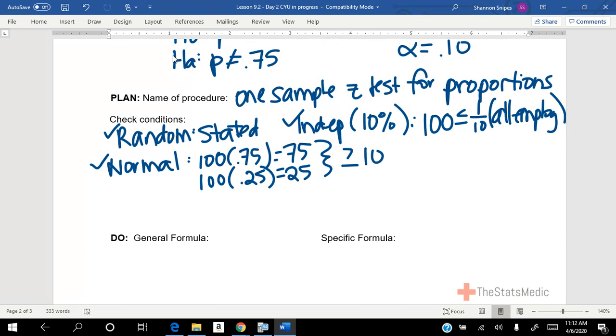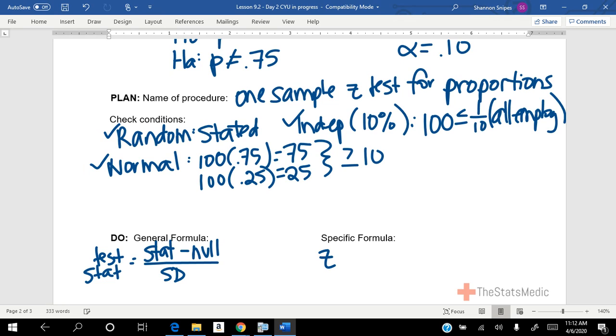All right, so your general formula, and this is your test statistic. And remember, this formula is on your formula sheet. It's your statistic minus your parameter. So remember, that always comes from your null hypothesis over your standard deviation.